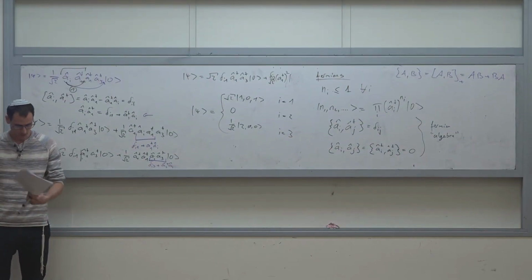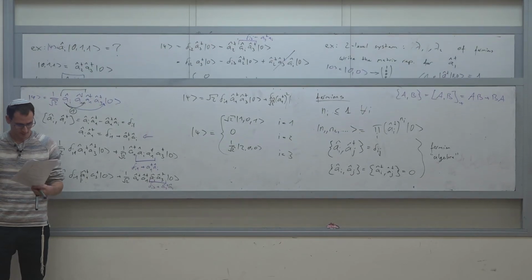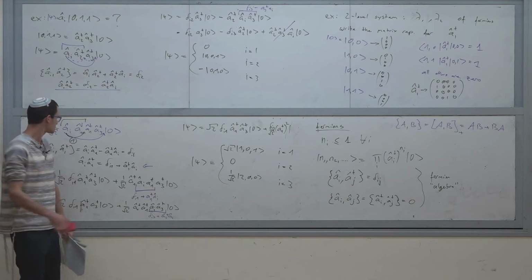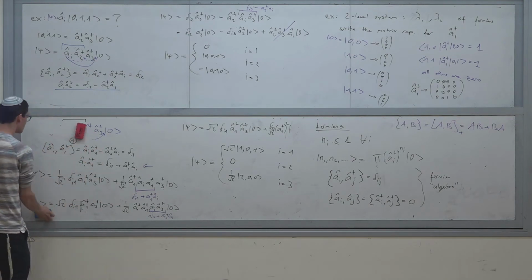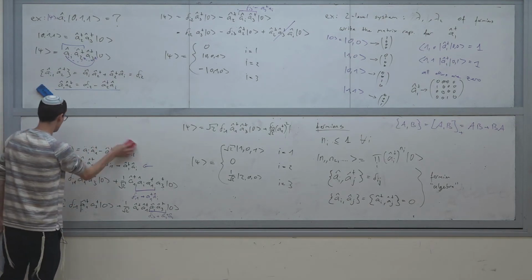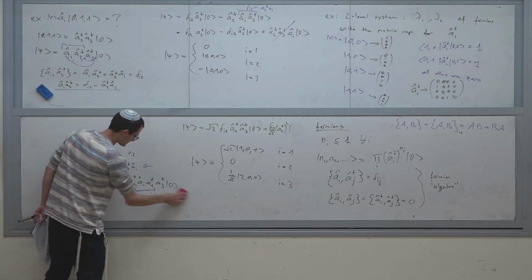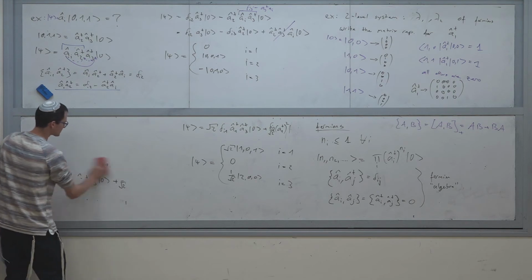Let's move on to a little bit more complicated model known as Schwinger bosons. And this example will illustrate how to think in second quantization.